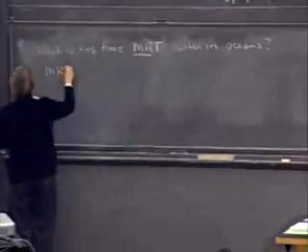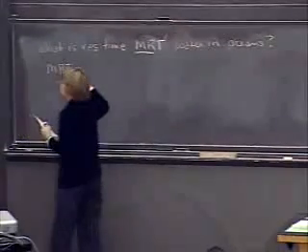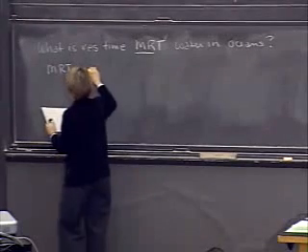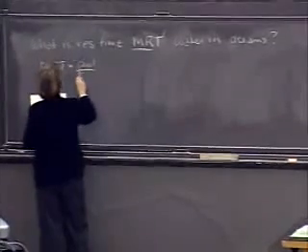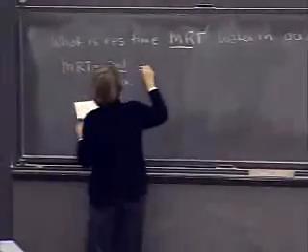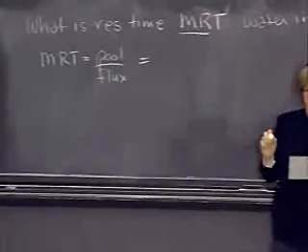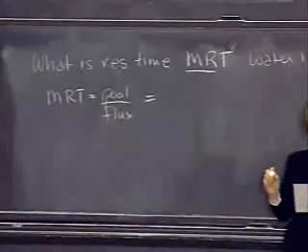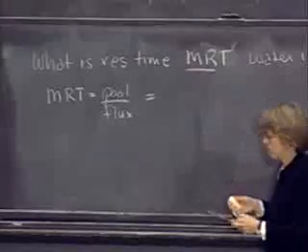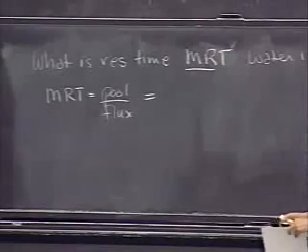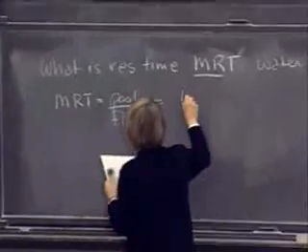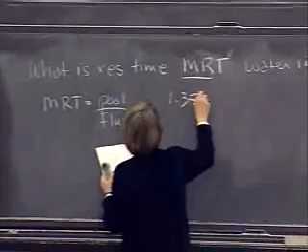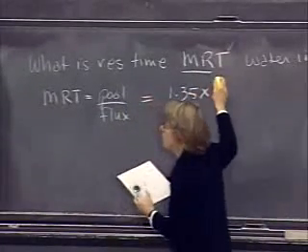The mean residence time is equal to the pool size divided by the flux, right? So what's the pool size? Well, how much water is there in the ocean? 1.35 times 10 to the 9.